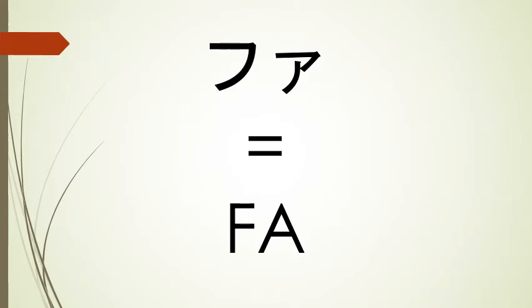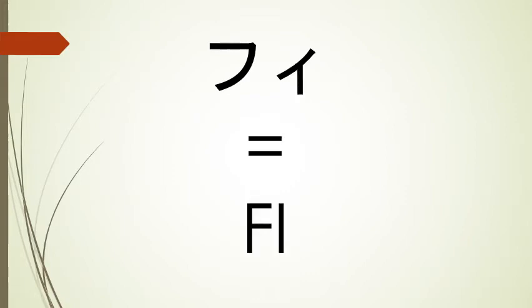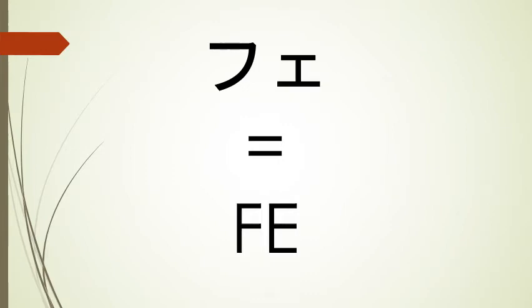So if we combine hu with a small a, we get fa. If we combine it with a small i, we get fi. Combine it with a small e, and we get fe.